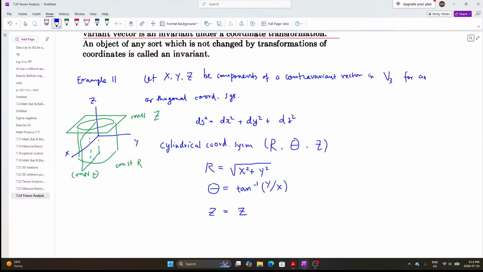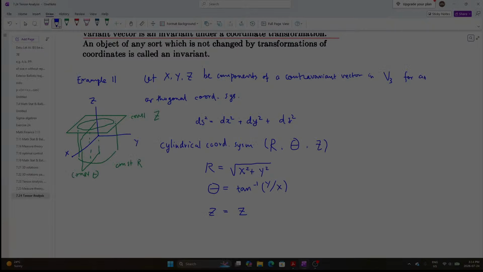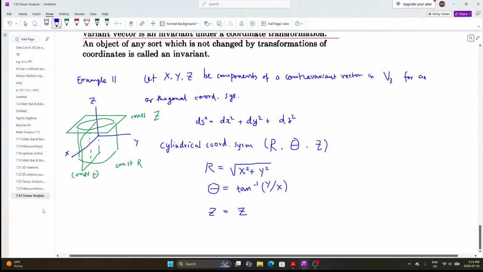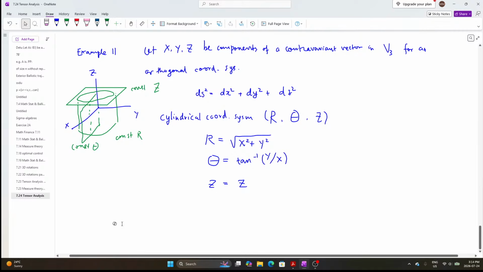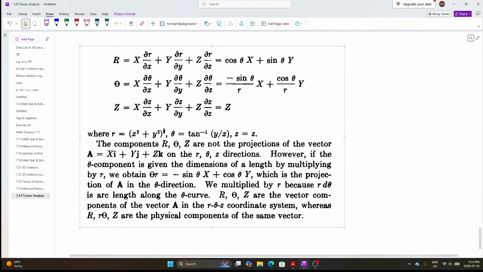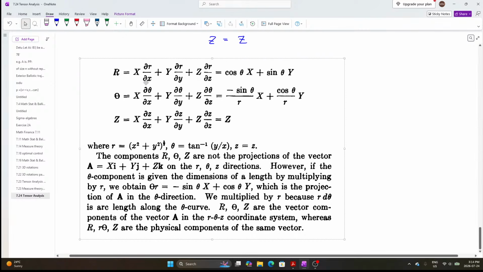Okay, so here, hold on a second. This is what the text says, and I'm a little bit confused here. Okay, guys, help me out here. So what's going on? This is what it says. Big R is X times, why is that?